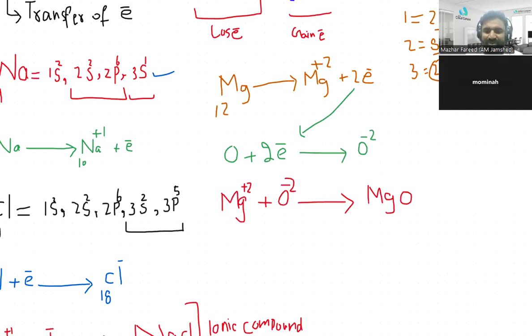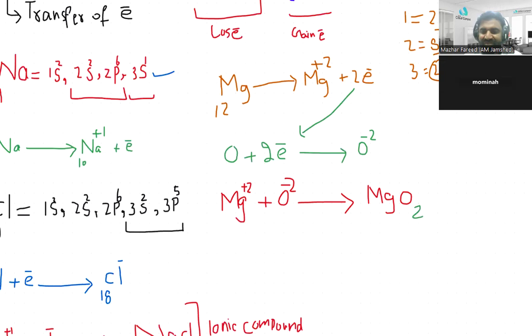You have to write the valency of magnesium below oxygen, and the valency of oxygen below magnesium. So the valency of oxygen is -2.